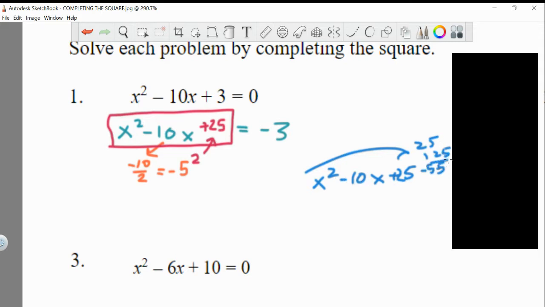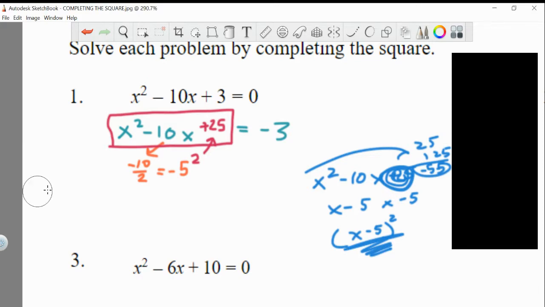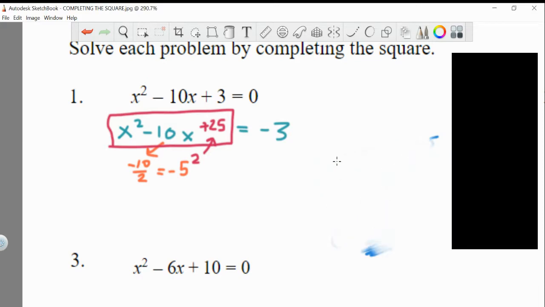How do you make 10? -5 minus 5, that would be x minus 5, x minus 5, that would be x minus 5 squared. So this whole 25 right here has basically created exactly what we want. That's really nice. That means that we're going to have over here x minus 5 squared.